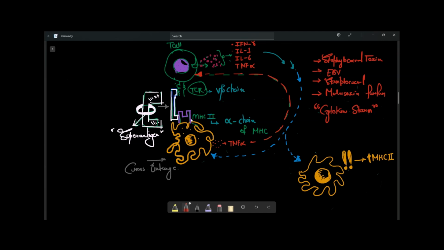cytokines through activation. So the cytokines which are being released from the T cell include the interferon gamma, IL-1, IL-6, and the TNF alpha. The cytokines that are being released from the macrophage include the TNF alpha. There are many more. Those are the molecules which are released from the T cell.